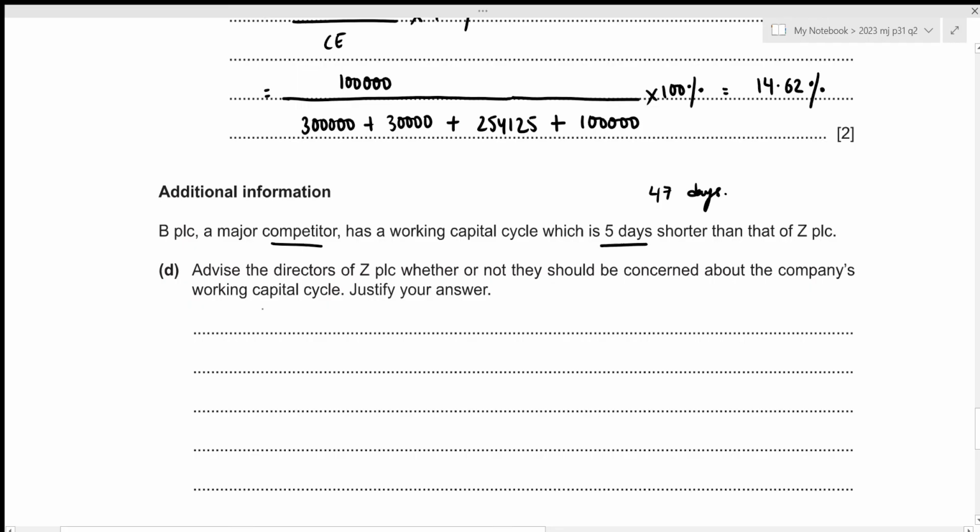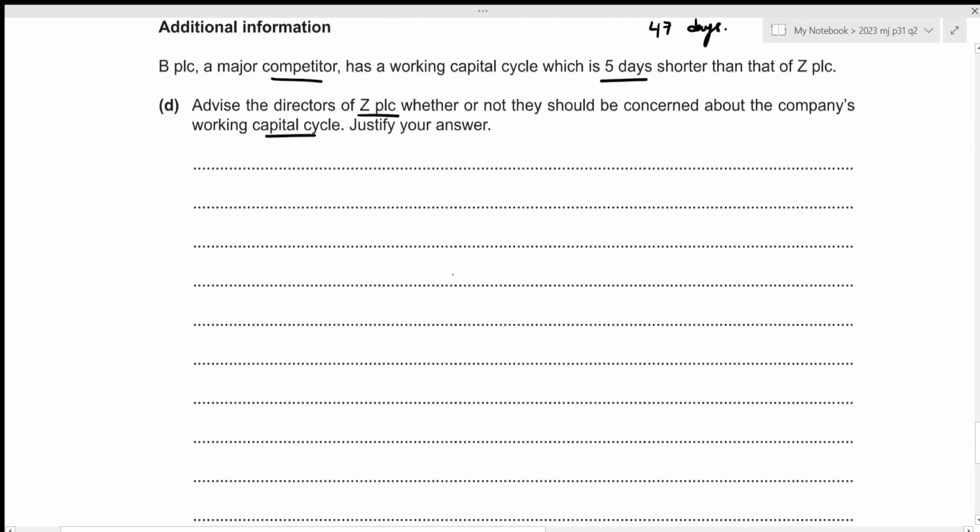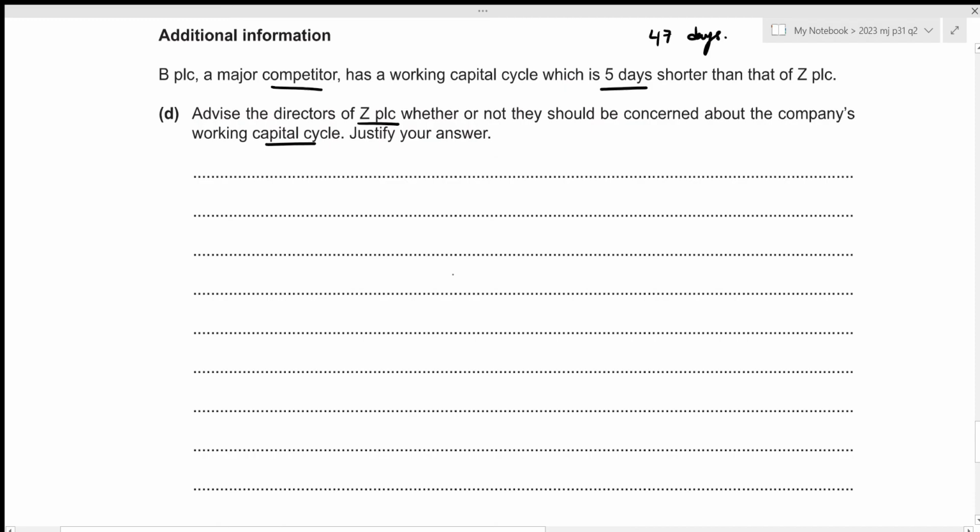Okay, now for the fourth part, we need to advise the directors of ZPLC whether or not they should be concerned about the company's working capital cycle. We need to justify our answer. And this is a 5 marks, which means that we should have 4 justifications and 1 decision. So since we know that our working capital cycle is 5 days longer than that of BPLC, we also understand that it takes a longer time for ZPLC to convert its working capital into cash.